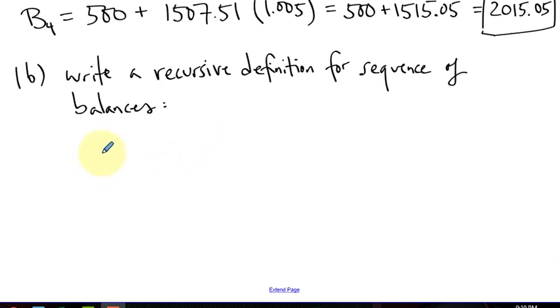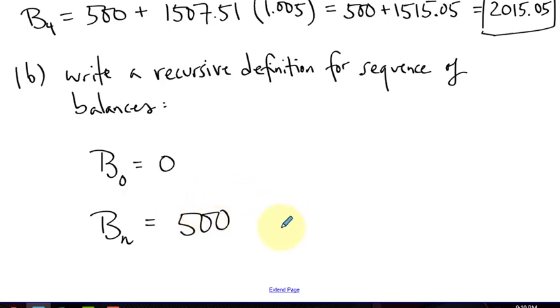The first part would be the starting value, which we could take to be 0. And then when you write the recursive definition, you're writing any value based on a previous value. So in this case, it's the nth balance based on a previous balance, and we've developed it by just going through those examples before.